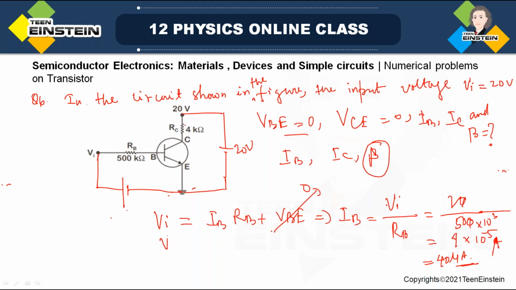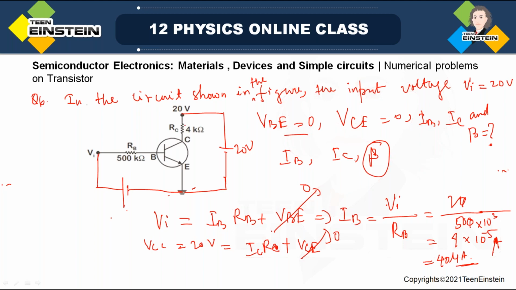Let me write this as VCC, which is 20 volt now, is equal to IC RC plus VCE, where VCE is given as 0.